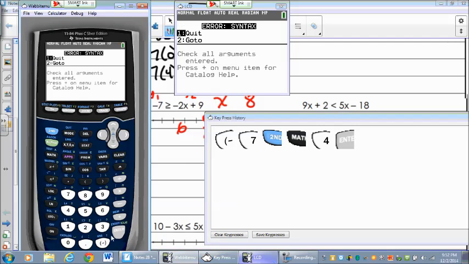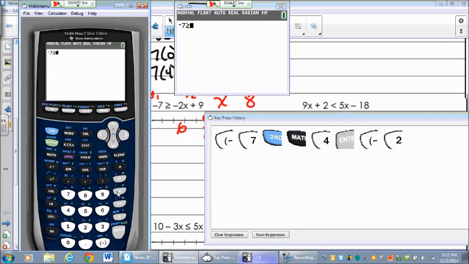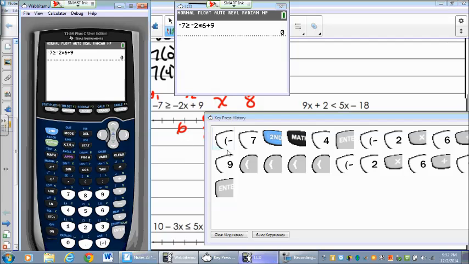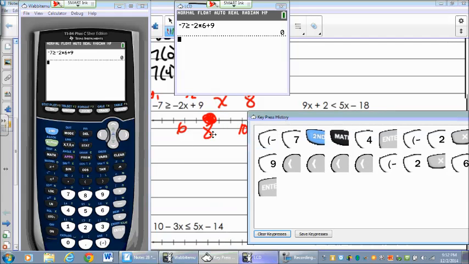Okay, and I have -2 times 6 plus 9. Oh, try that again. -2 times 6 plus 9. There we go. Okay, and this gives me a 0, which means that is false.